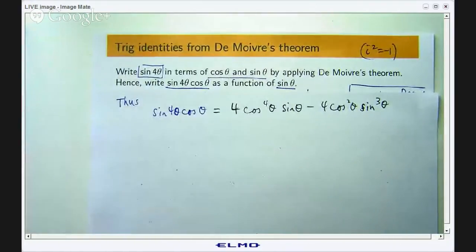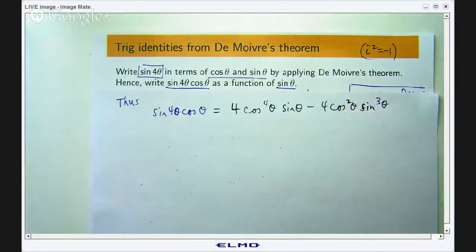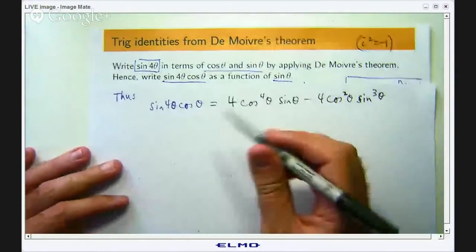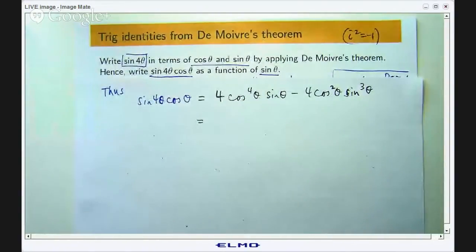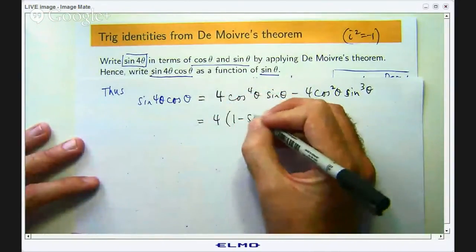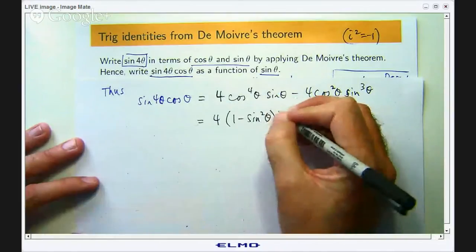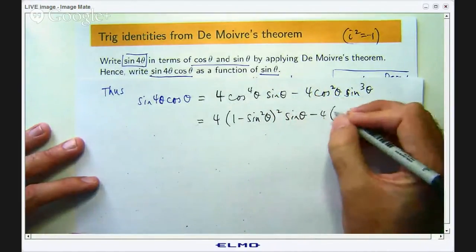I've got cosines in there. But what I can do is use cosine squared equals 1 minus sine squared. Here I've got cosine to the power 4. That's cosine squared squared. So I can write it like this. And this is a bit simpler.